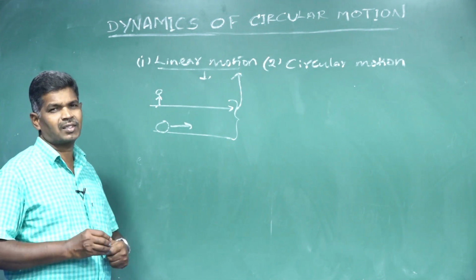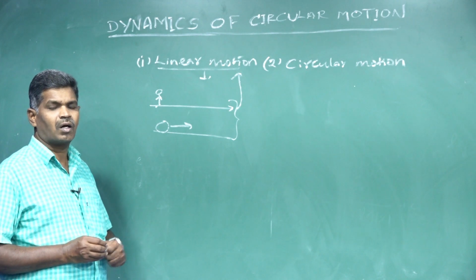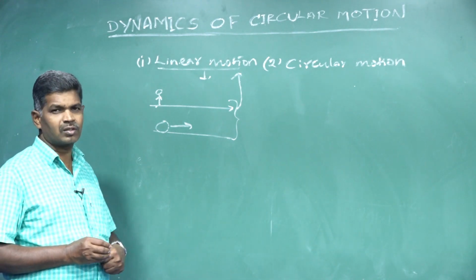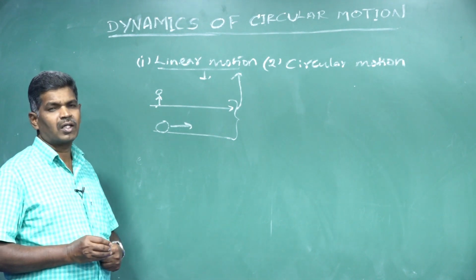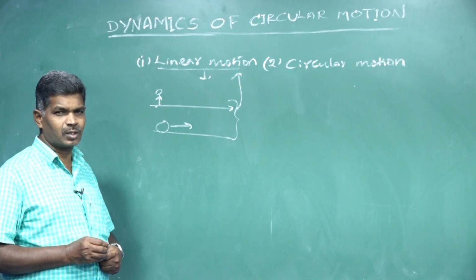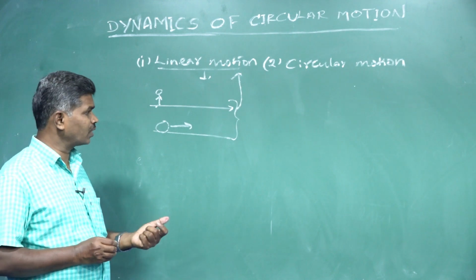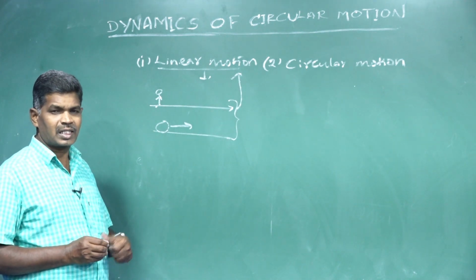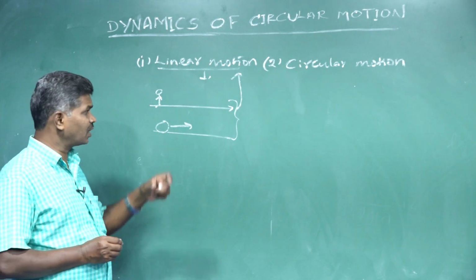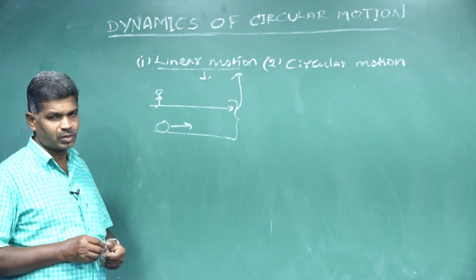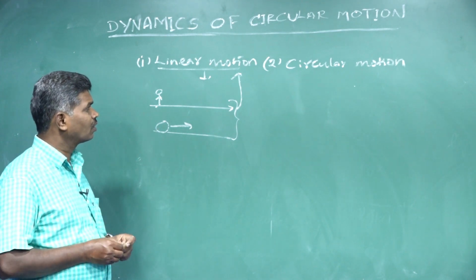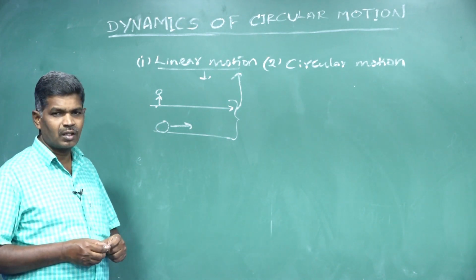If we have an external force only, the object makes an acceleration. Otherwise the net force is zero, so the external force can be taken as zero. So with or without external force, an object can make linear motion. That's why for analyzing linear motion, we can apply Newton's laws.